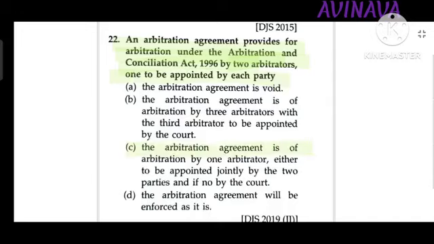If the arbitration agreement is of arbitration by one arbitrator, either to be appointed jointly by the two parties and not by the court.